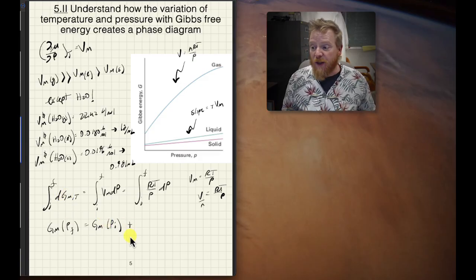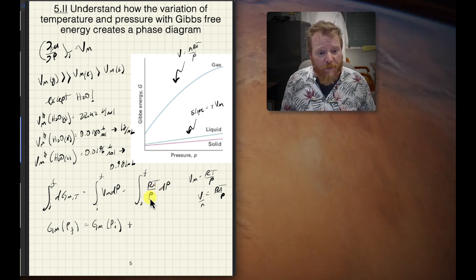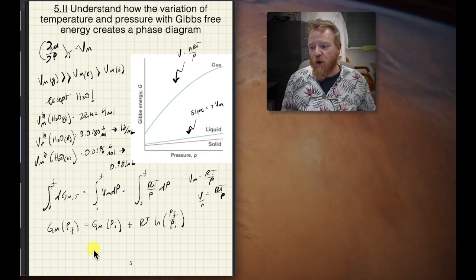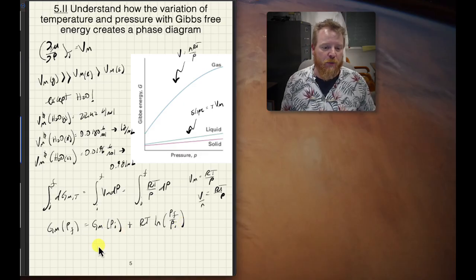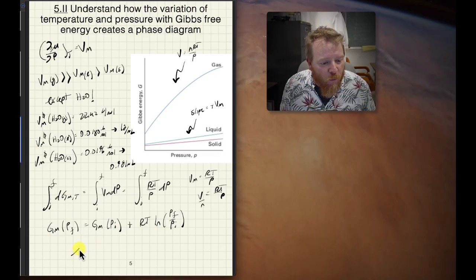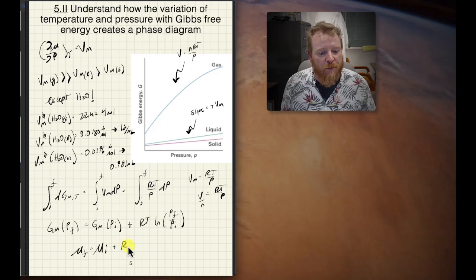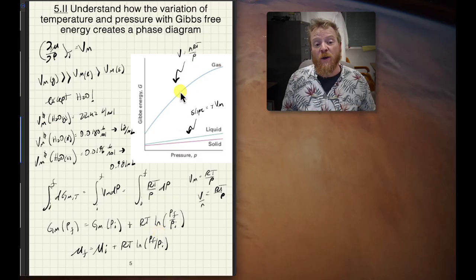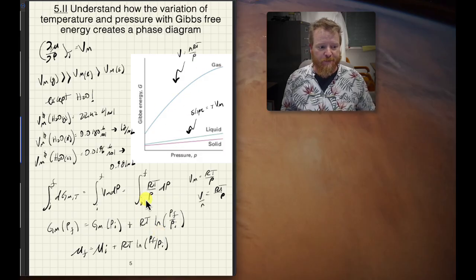And then plus the result of this integral, which will become RT times the natural log of P final over P initial. And of course, using chemical potentials, the way that we will more commonly see this expression written is mu final equals mu initial plus RT natural log of P final over P initial. And that's actually what this curve is right here, okay?